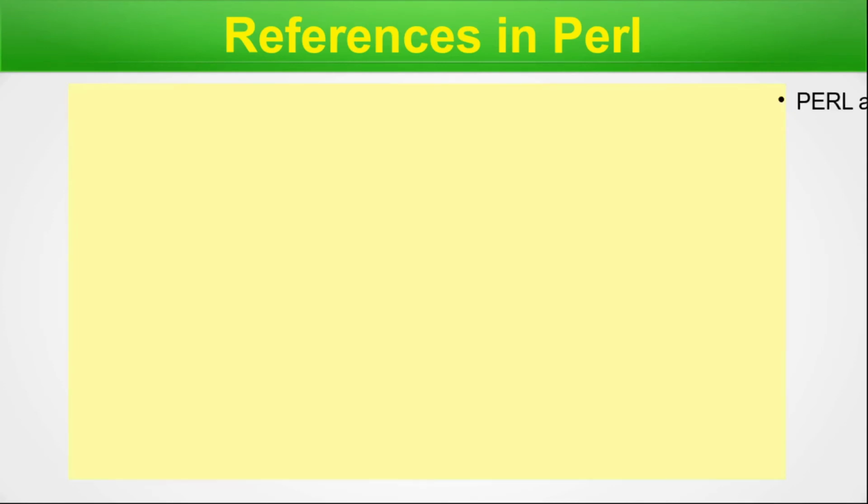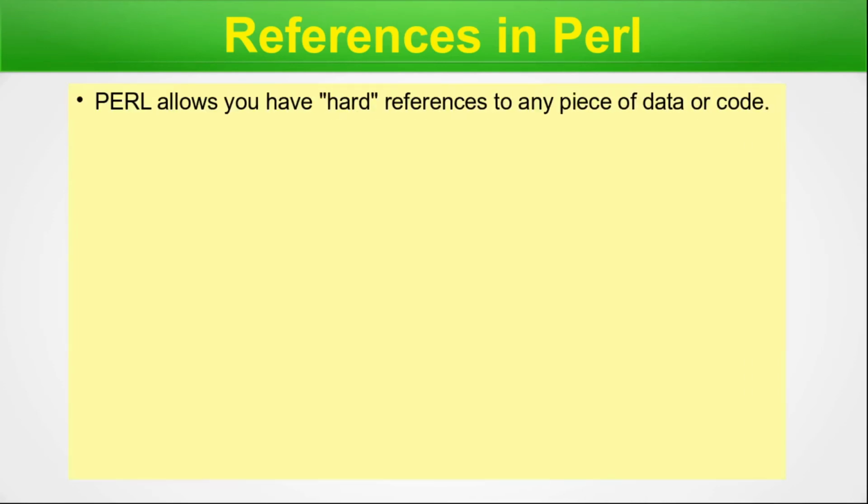Reference in Perl. Perl allows you to have hard references to any piece of data or code. We know by this episode that we have scalar, array and hash, so each can have a hard reference to each. Any scalar may hold a hard reference. So one scalar can contain the pointer or a reference to another scalar or another hash or another array.